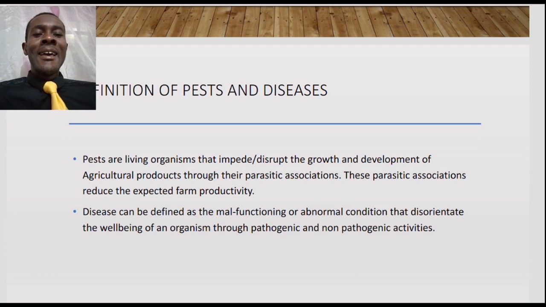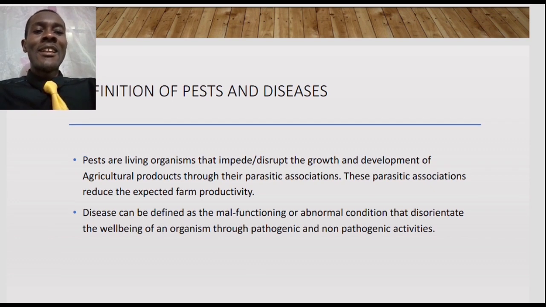Disease can be defined as the malfunctioning, out of state, out of condition of the functions, both physiological and anatomical dimension of a living organism. When there is a malfunctioning in the physiological aspect of a living organism, it can be as a result of disease condition, which can be caused by a pathogen. A pathogen is a disease-causing organism.